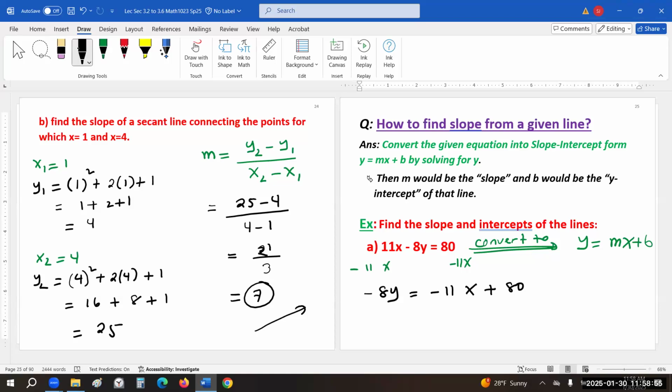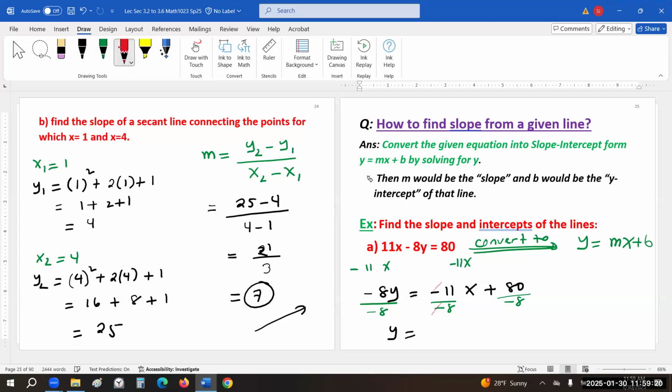Now you're almost done. Now the only thing we need to get rid of here is negative 8. How? Divide. So let's divide individually, because we want to see the numbers individually. So we have y equals, what happens to the double negative?